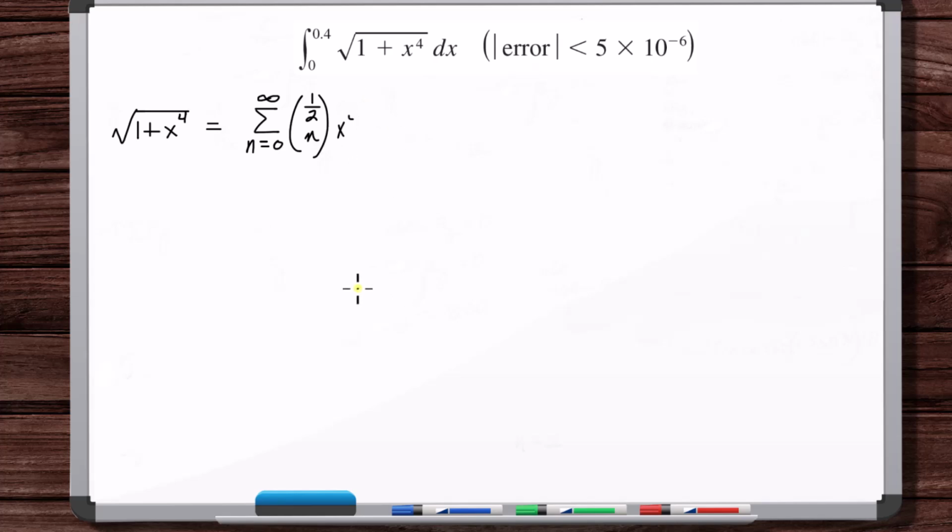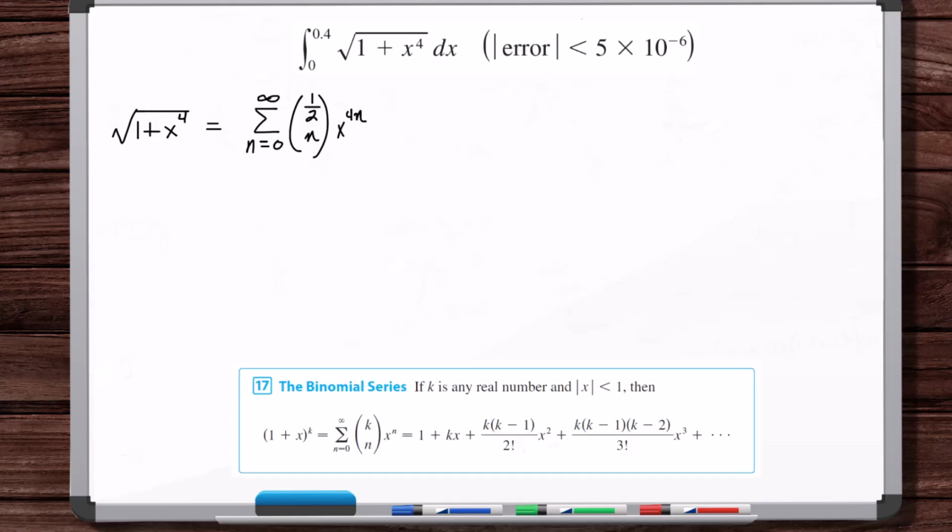Okay, so here's the binomial series. We just replaced x with x to the fourth, and k is 1/2.